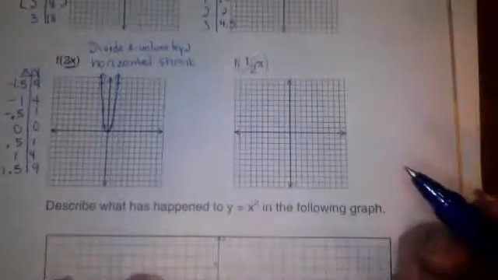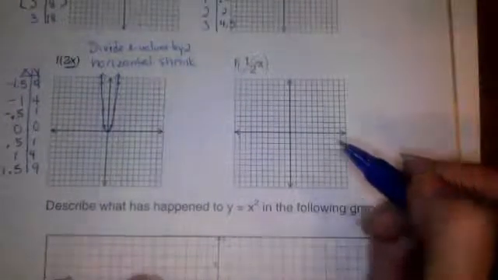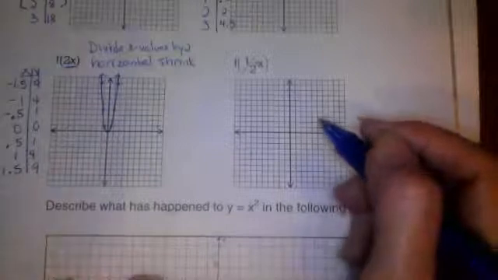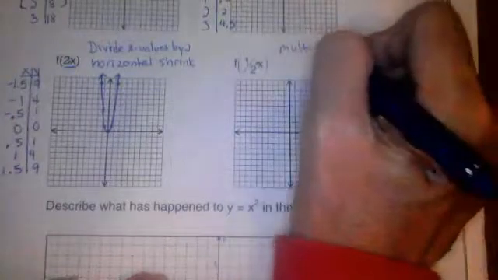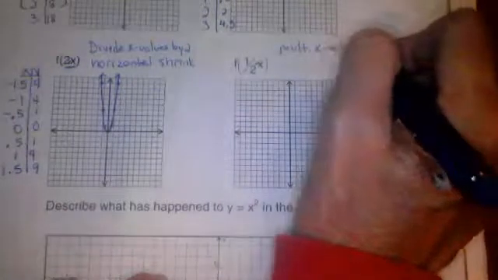All right, so on this last one, it says that we want to multiply the x's by a half. So we're actually going to do the opposite of that, which is to multiply the x values by 2. So here's my x values.